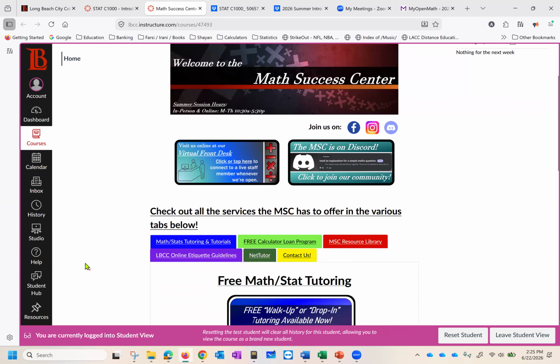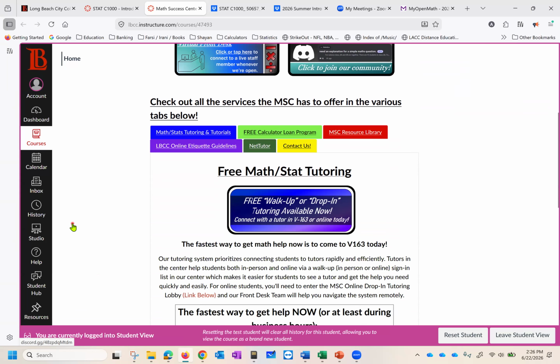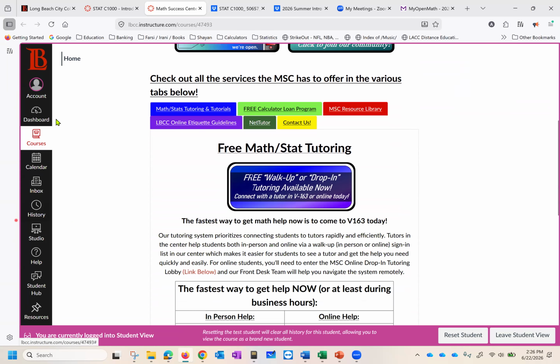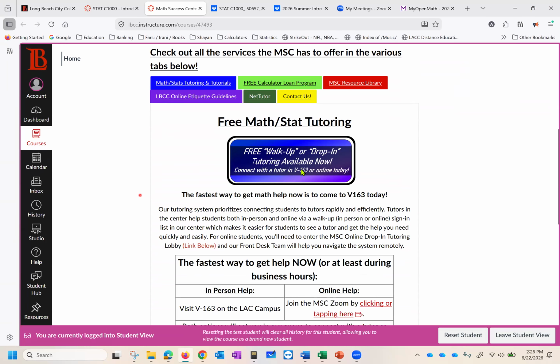So it has virtual front desk, Math Success Center MSC on Discord, Math Stats Tutoring, free walk-up or drop-in tutoring, Net Tutor, and here's what I mentioned, free calculator loan program.